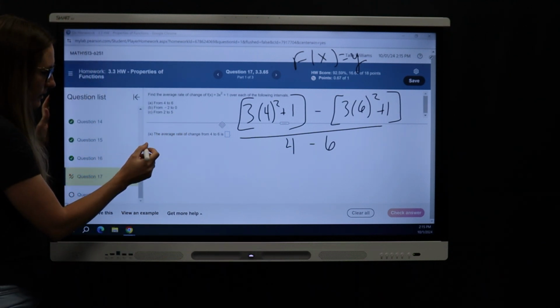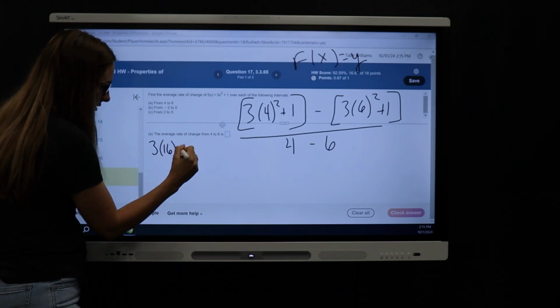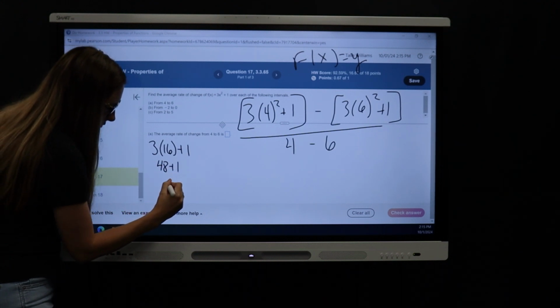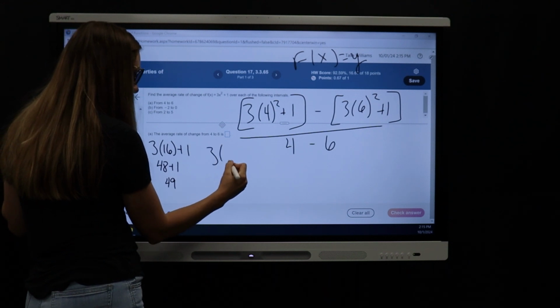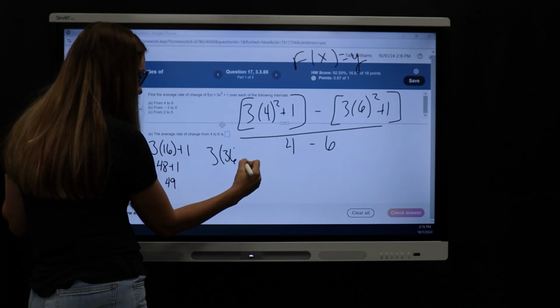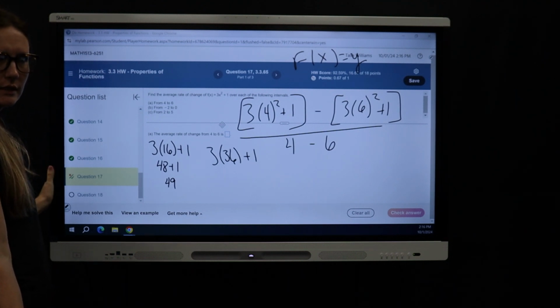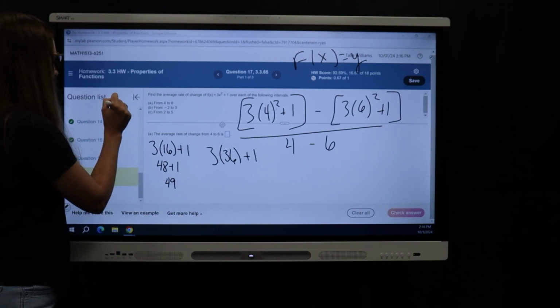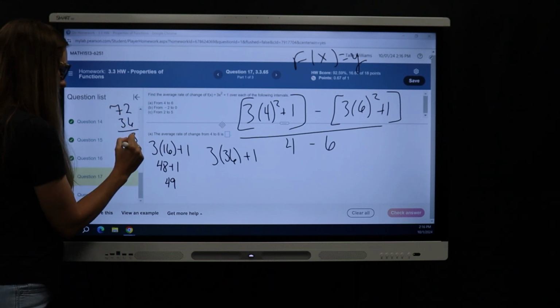So we're going to have 3 times 4 squared, which is 16, plus 1. 3 times 16 is 48, plus 1 is 49. And then I have 3 times 6 squared, which is 36, plus 1. 36 times 3 is 108.